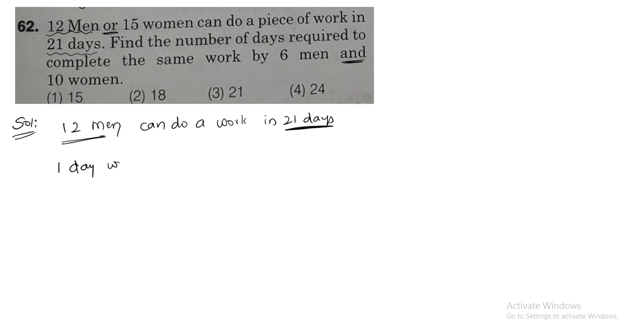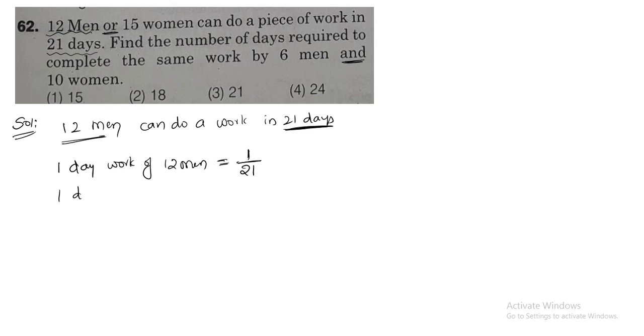So 1 day work of 12 men is nothing but 1 by 21, because in 21 days they are going to complete the whole work.